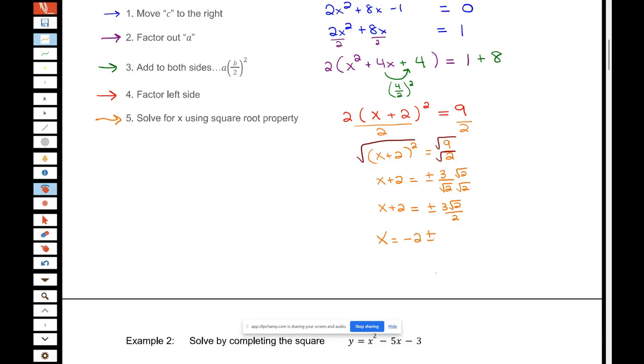Negative 2 plus or minus 3 root 2 over 2. And if I wanted to combine that into one fraction, I could turn this negative 2 into a 4 over 2, which means I could write this as x equals negative 4 plus or minus 3 root 2 all over 2, now that they have the same denominator.